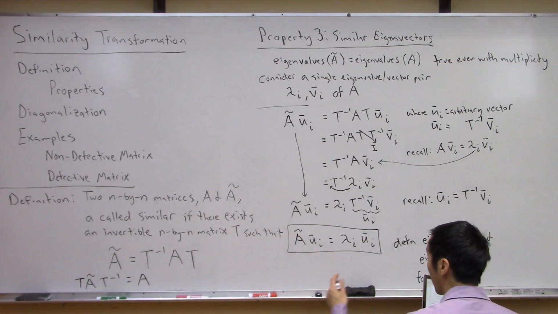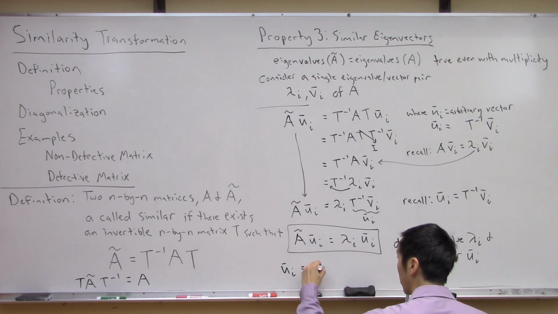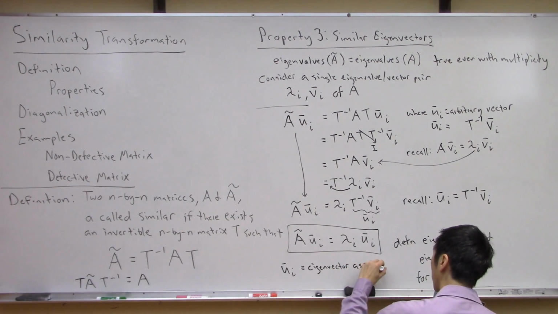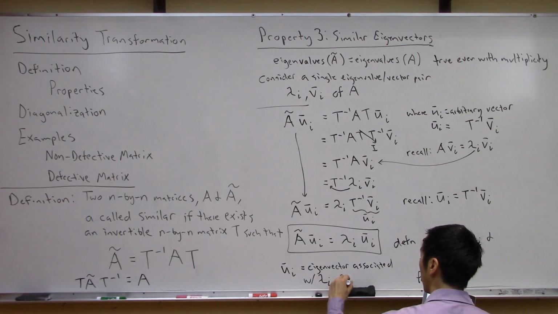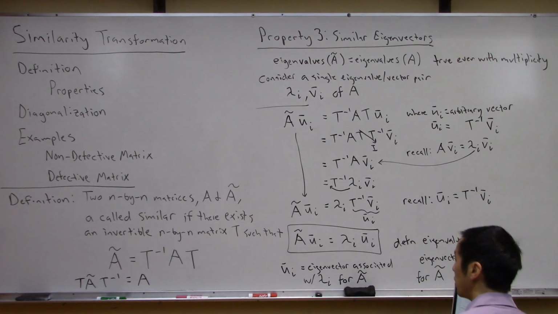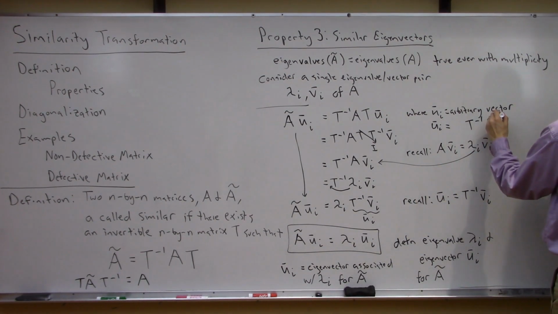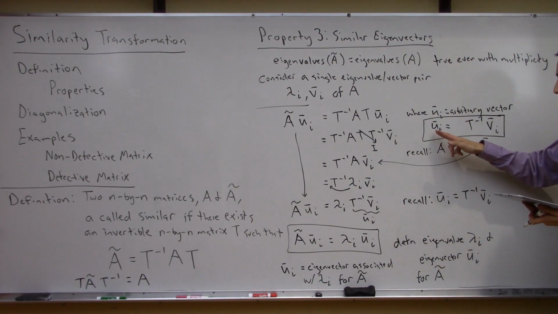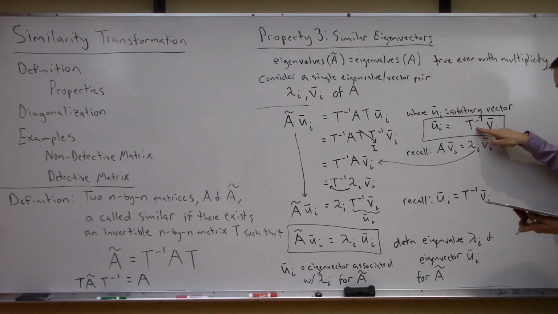So we basically see that UI is an eigenvector associated with lambda I for the matrix A tilde, right? And again, what is UI? So we see this U is actually an eigenvector of A tilde, and it's related to the eigenvectors of A through this T inverse matrix, right?